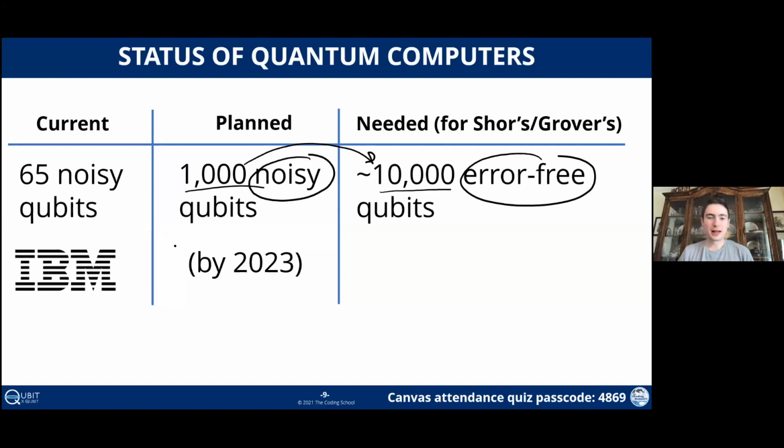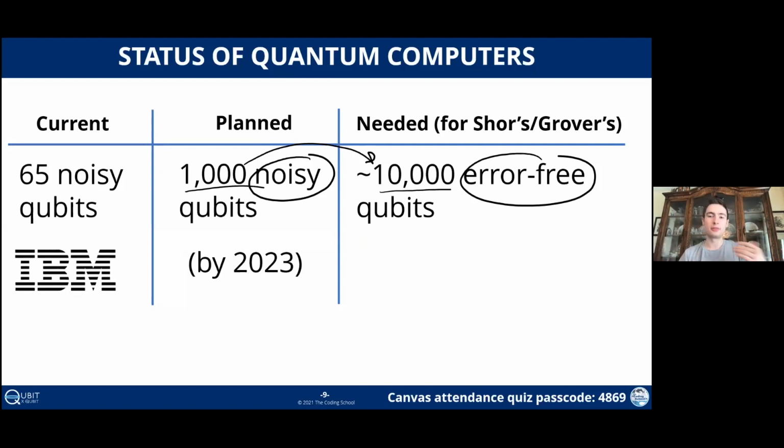Now, I've blabbered about this quite a bit, but just to return to the original question, why we're talking about near-term algorithms, it's because of this discrepancy, right? A lot of the algorithms that people think about when they think quantum computing are just not possible on today's hardware, and they won't be possible on actual quantum computers for probably many more years. And so researchers have turned their attention to, okay, we have these 1,000 noisy qubit quantum computers.